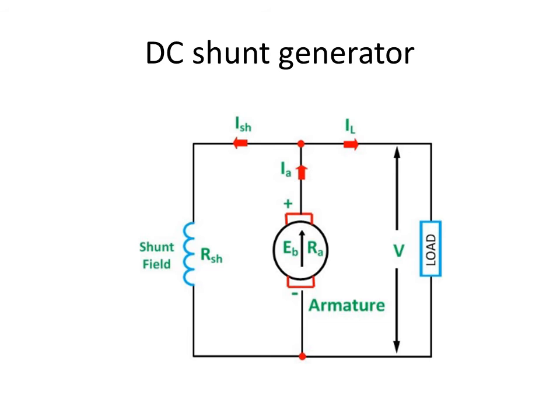In this diagram, the current flowing through the armature is IA, the current through the shunt field coil is ISH, and the current through the load is IL.